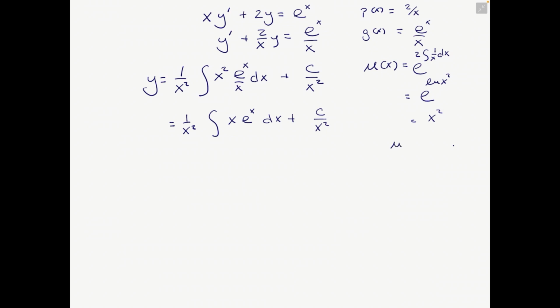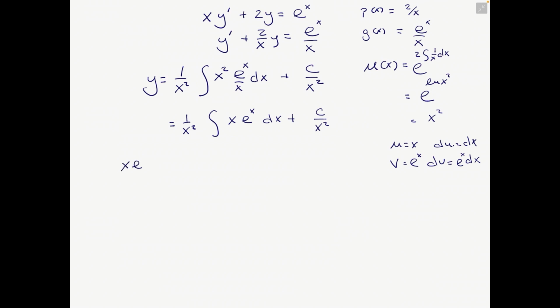So again, we've got the u dv: u equals x, du is dx, v equals e to the x, dv equals e to the x dx.